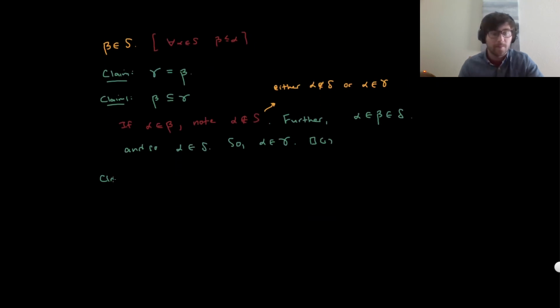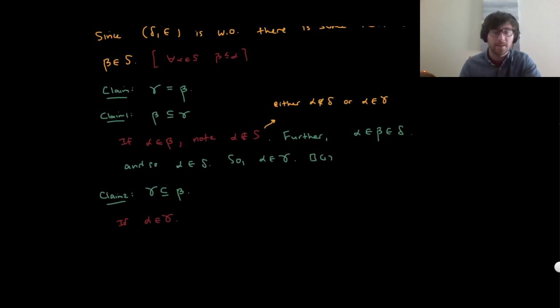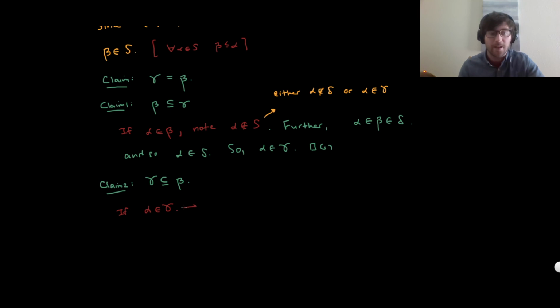Our second claim is that we need to show that if we take an element of gamma, it's actually in beta. So if we take some element alpha of gamma, the trick here is to observe that if alpha is in gamma, it must be that alpha is in delta.